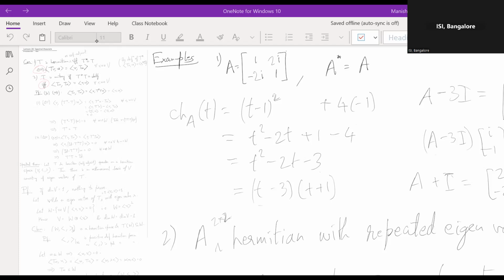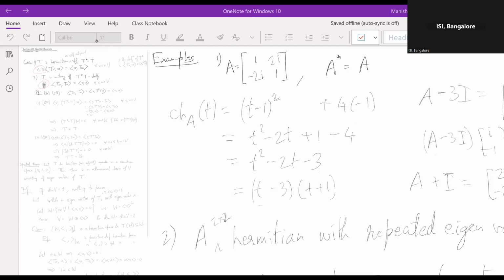To say whether it's diagonalizable or not is straightforward by just looking at the structure of the matrix. But to find which unitary operator is going to do it is going to be a little bit of work. You'll have to find the eigenvectors. In fact, as soon as you find the eigenvectors, you are more or less done.